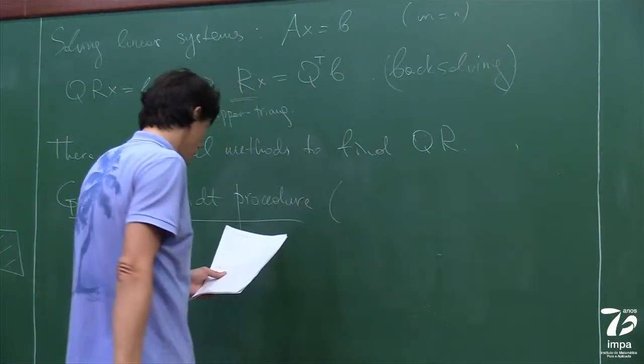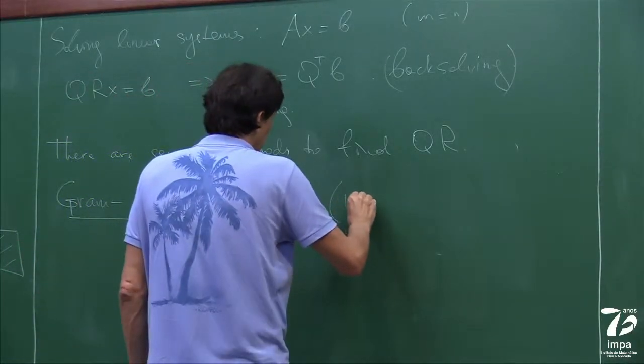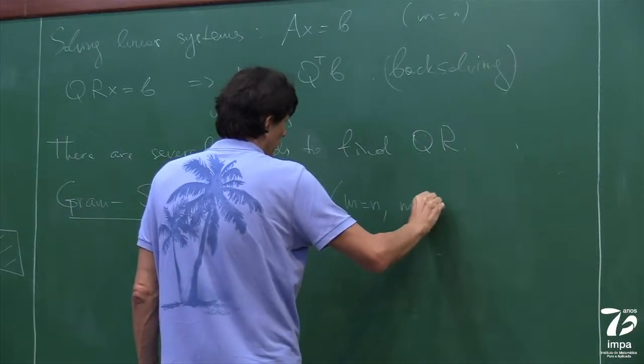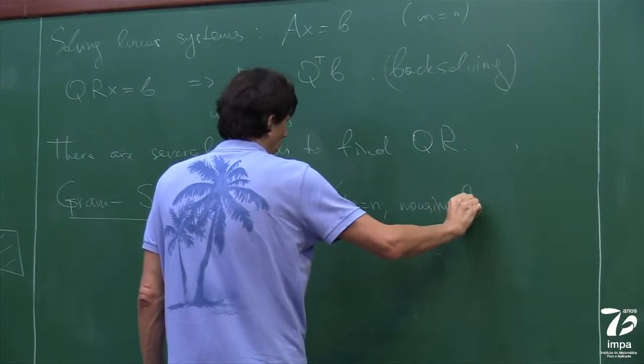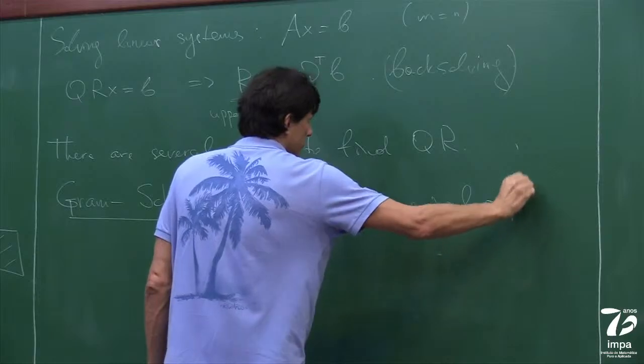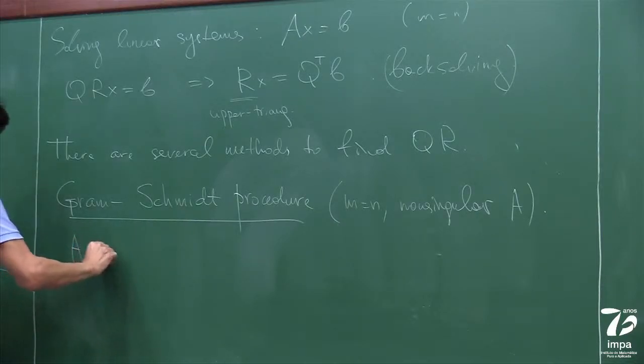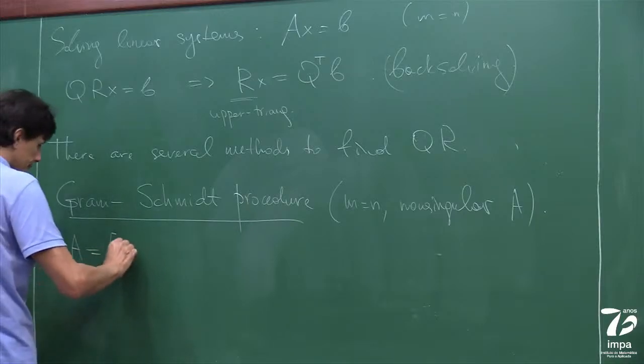We just consider m equal n, so it's an n by n matrix, which is non-singular. The matrix A is square non-singular, so let's show how you perform this decomposition in this case. The matrix is non-singular square, so it has exactly n columns.